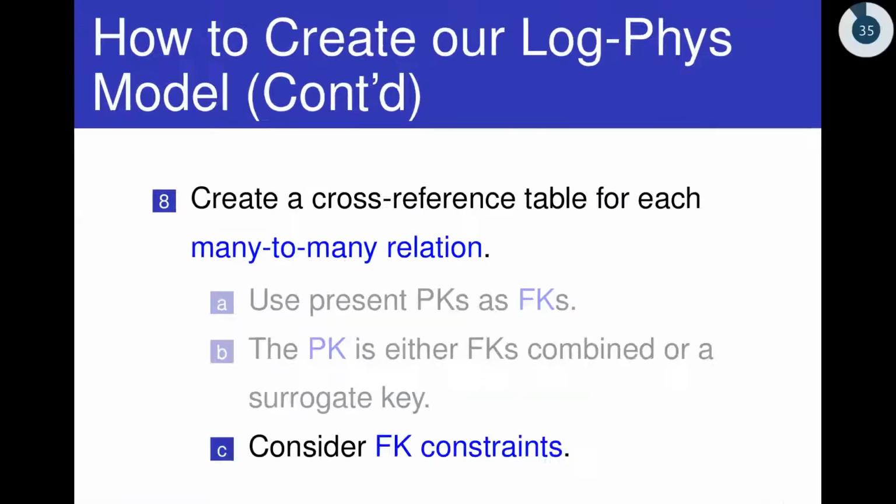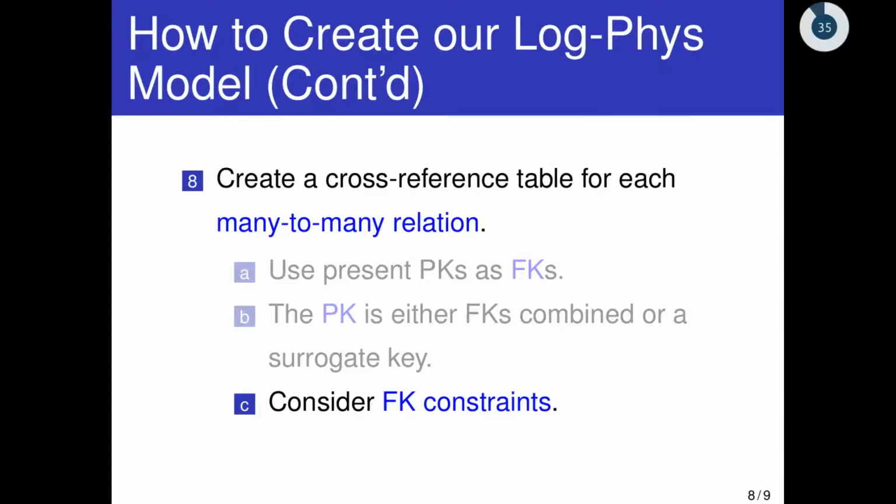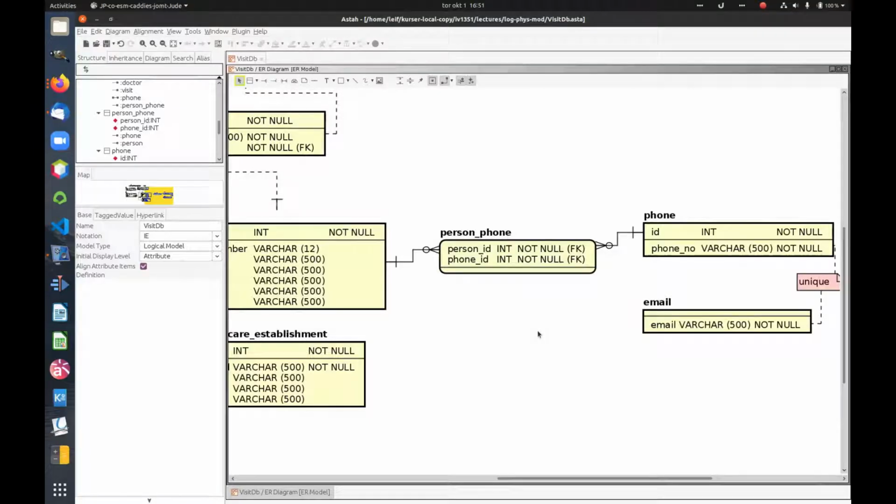Next, consider foreign key constraints. So again, the alternatives are prohibit, allow, and delete. In this case, the cross-reference table is only a helper table. So if we delete the person, the phone numbers should disappear, and then also this cross-reference table entry should disappear.